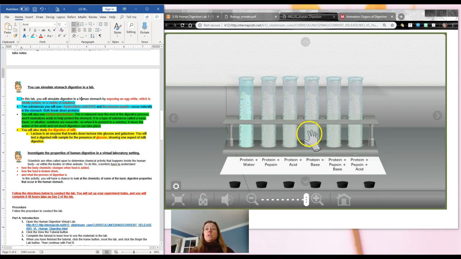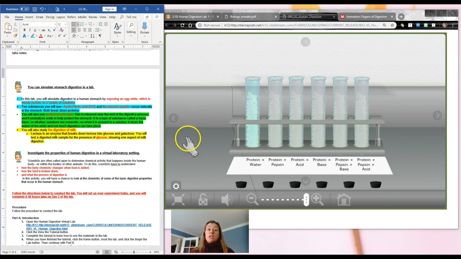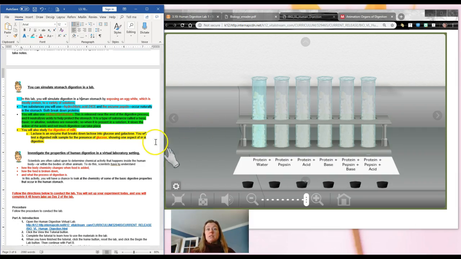This one has a protein and a base, so that neutralizes any kind of digestion there might be. But a base might react with a protein. This is the protein plus the pepsin plus the base. So remember up here it says the base, sodium bicarbonate, is going to neutralize the actions of anything that's digesting, your stomach acids, like the pepsin and the acid.